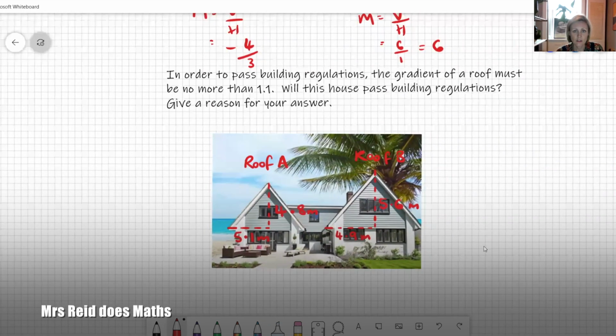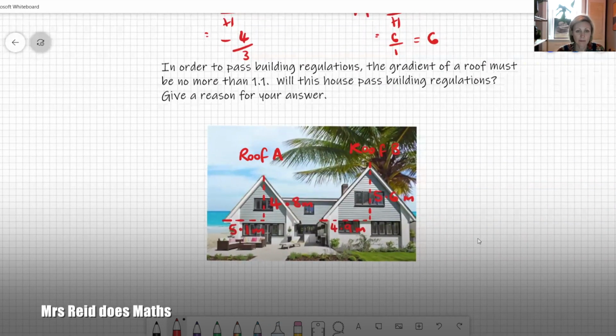Okay, so sometimes you're using your formula to answer real life questions. So here we have one. In order to pass building regulations, the gradient of a roof must be no more than 1.1. Will this house pass building regulations? And we have to give an answer. So let's look first of all at roof A. The gradient of roof A is m is v over h.